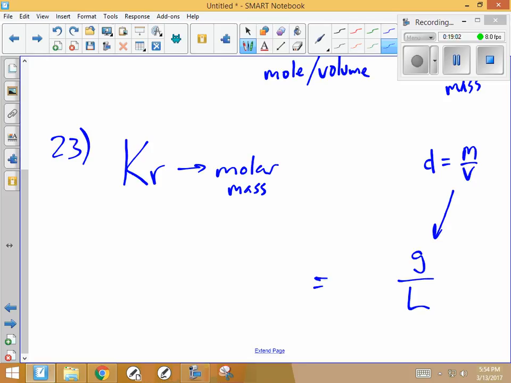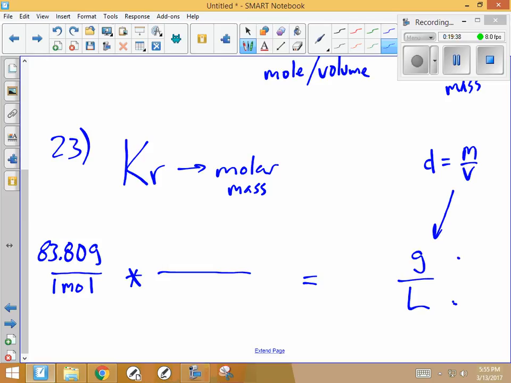But all I know is that I can solve for krypton's molar mass in grams per mole. Right? For 1 mole, how many grams does 1 mole of krypton weigh? It weighs 83.80 grams. Now, I need a conversion factor that gets rid of this mole on bottom and leaves me with liters on bottom.